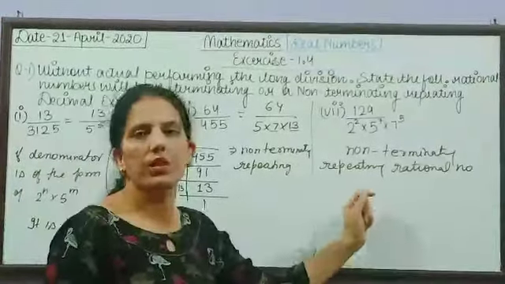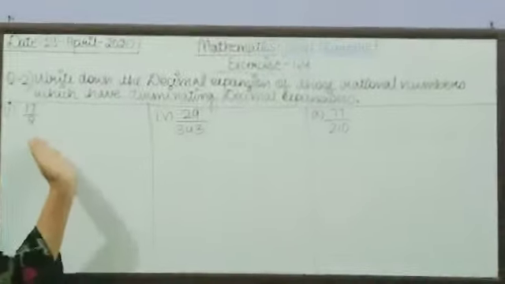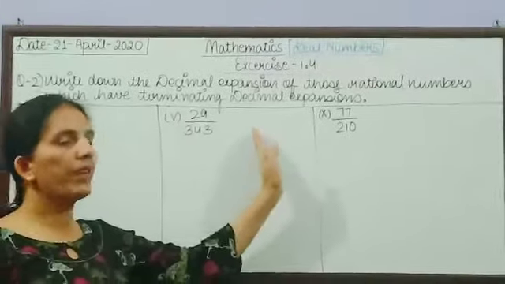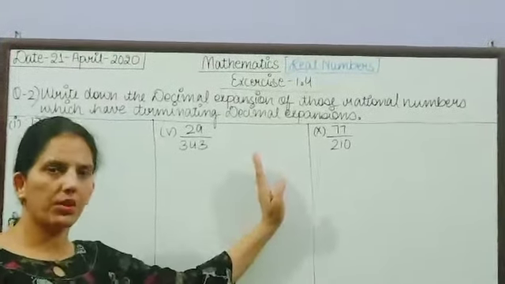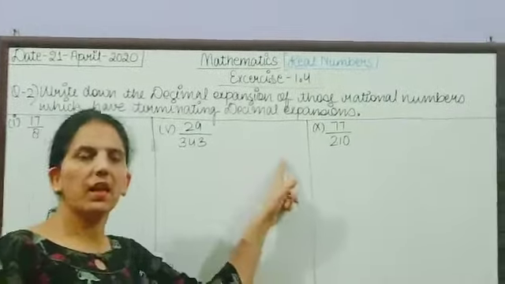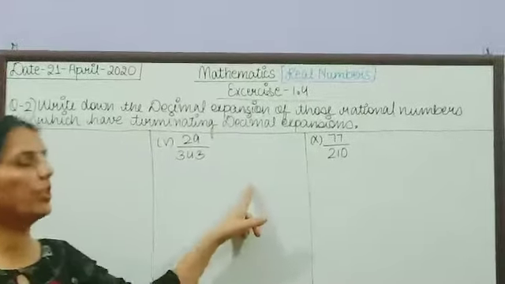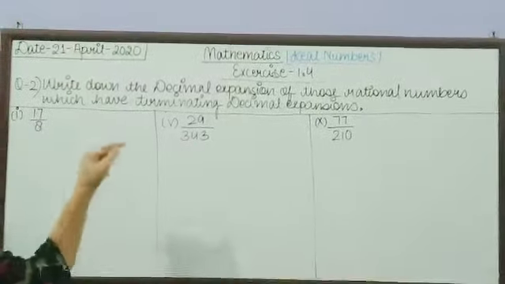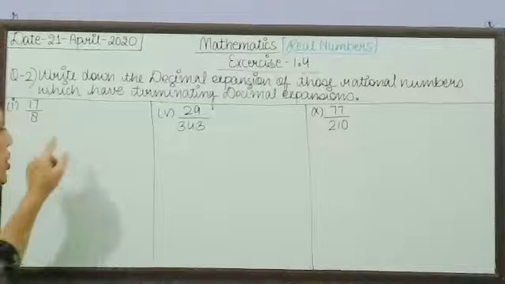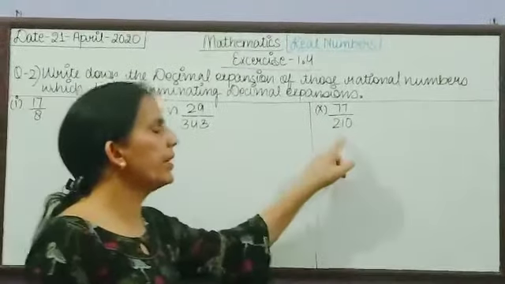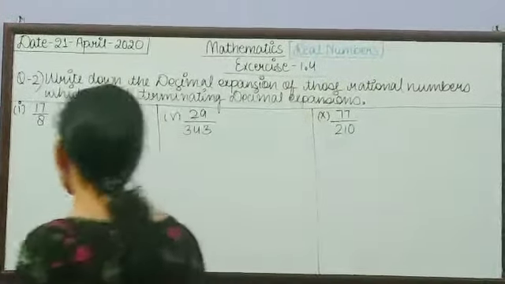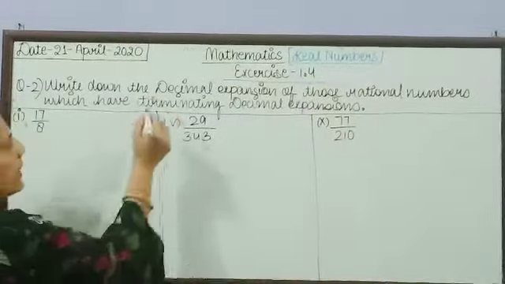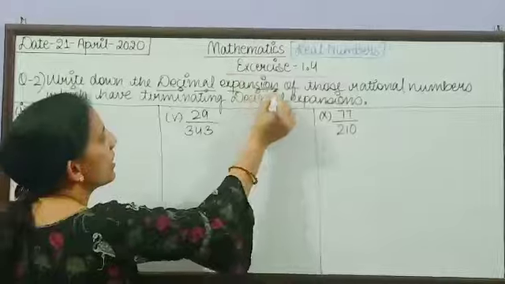Now next is the second question. Your second question is the same as the first one, following the first question. The same parts are given, but in this section, after determining which rational number is terminating or non-terminating, we will write it in the form of decimal expansion as well.